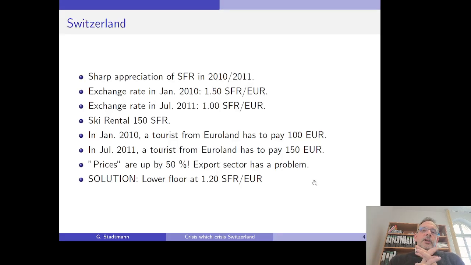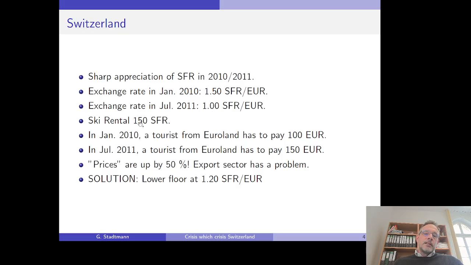So we have seen a very sharp appreciation from 2010 to 2011. The exchange rate in January 2010 was at 1.50 Swiss franc per euro, and 1.5 years later, the exchange rate was at 1 Swiss franc per euro.